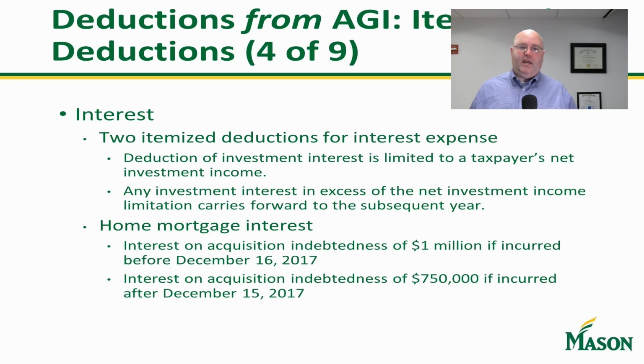A margin account is where you go to the broker and say, hey, I want to buy $400,000 worth of securities, but I only have $200,000. Usually with margin accounts, the initial deposit is 50%. So I put $200,000 in, and I can go out and buy $400,000.